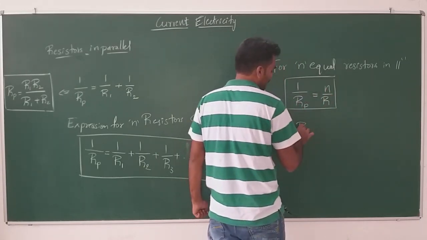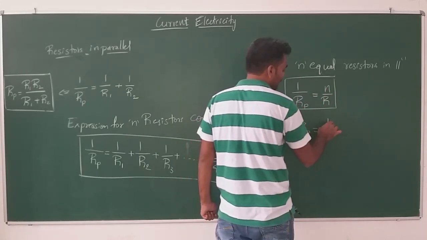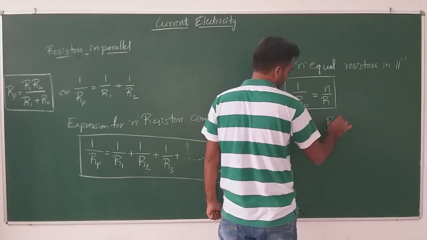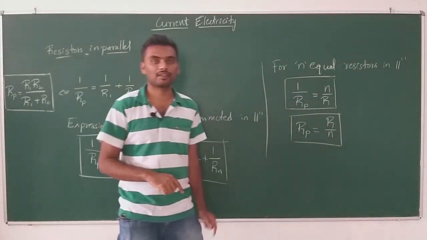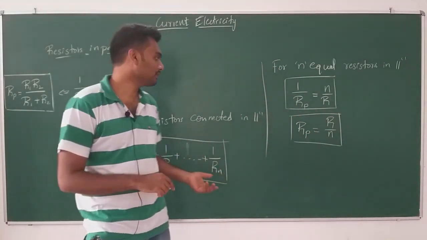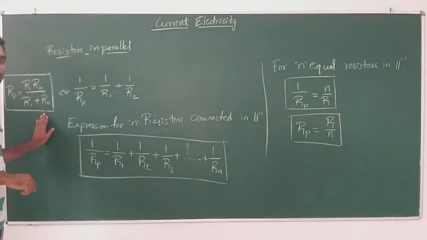Or the final expression can be written as Rp is equal to R by n, right. These are the special cases of the derivation, and this is where the derivation stops.